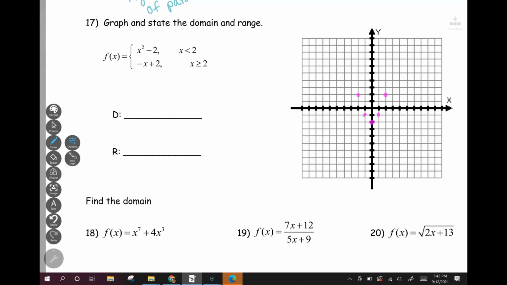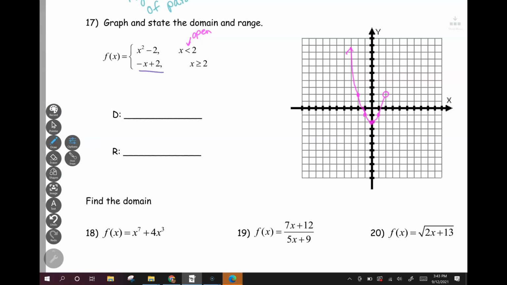Well, perfect. That's actually only where I graphed it. So I only want these points and to continue in that direction, less than 2. However, since there's no equal to, I need to have an open circle on my graph. So right here, open. All right, let's keep going.